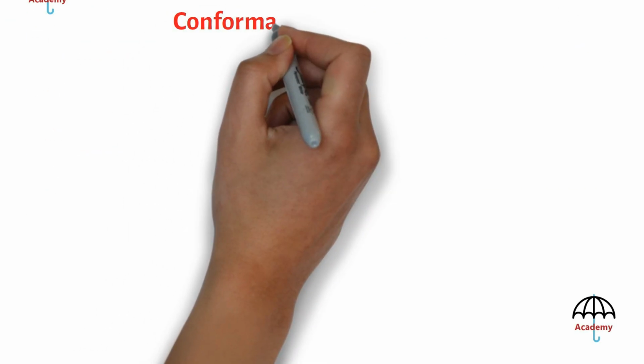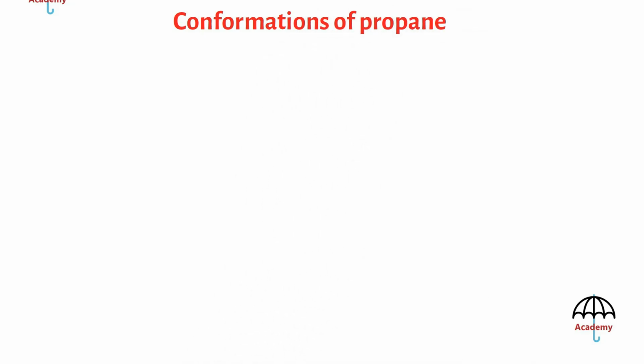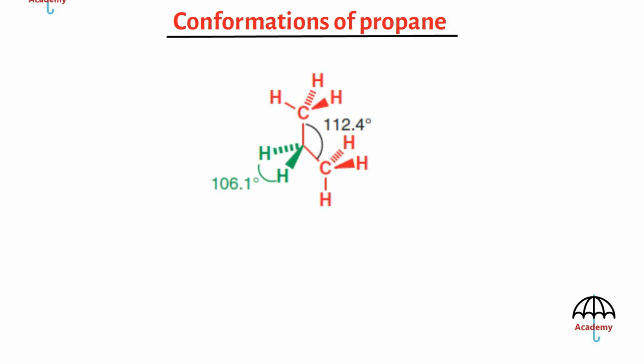Now let us discuss the conformations of propane. Propane is the next simplest hydrocarbon. Before considering what conformations are possible for propane, let us look at its geometry first. The C-C-C bond angle is not 109.5 degrees, the tetrahedral angle, as we expect, but it is 112.4 degrees.